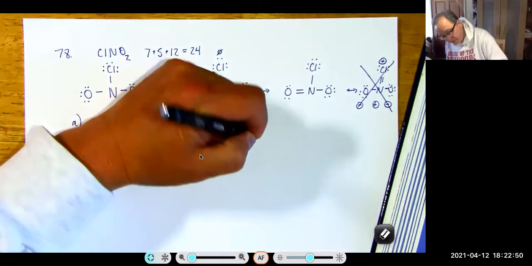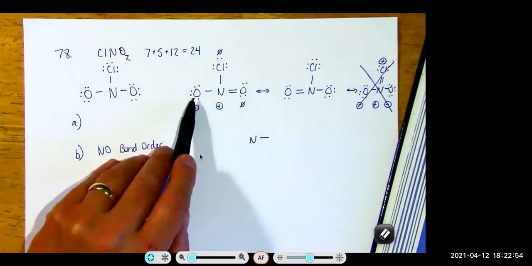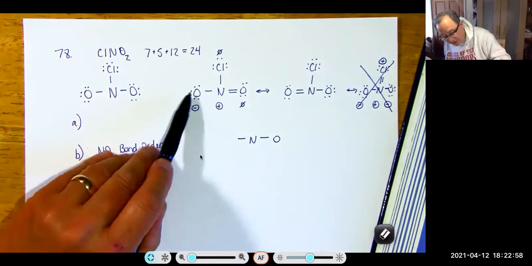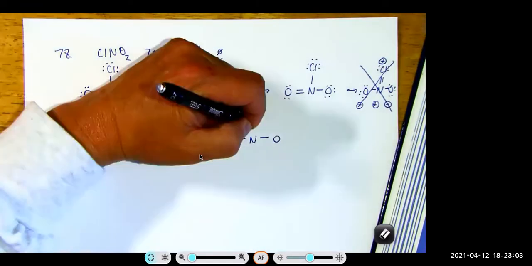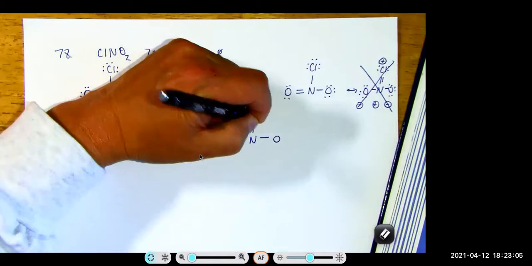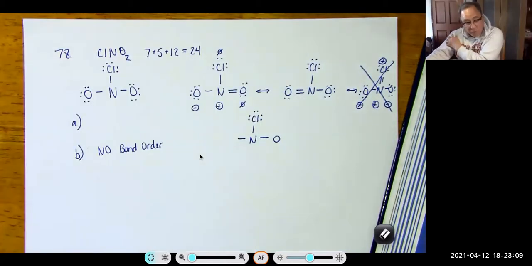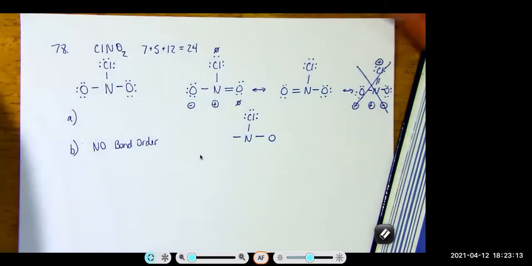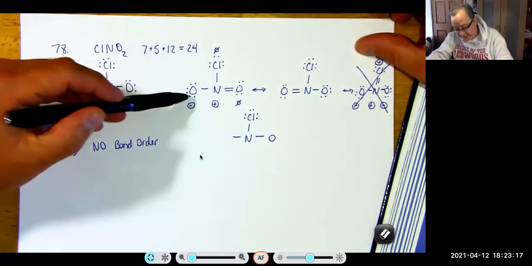Okay, you see how we have 3 bonds here? Yeah. And you see how we have 6 electrons and 4 electrons? Uh-huh. The ones that aren't bonded. The non-bonding electrons. There's 2, 4, 6, 8, 10.